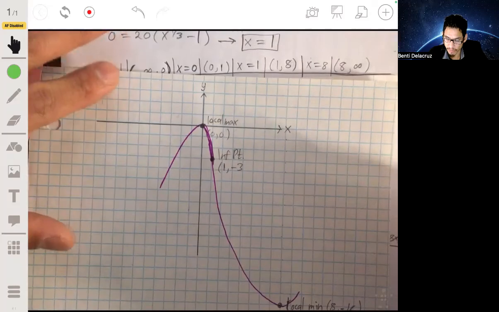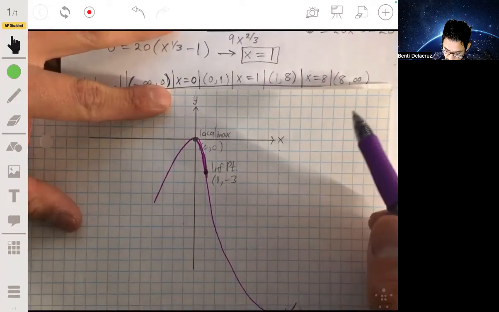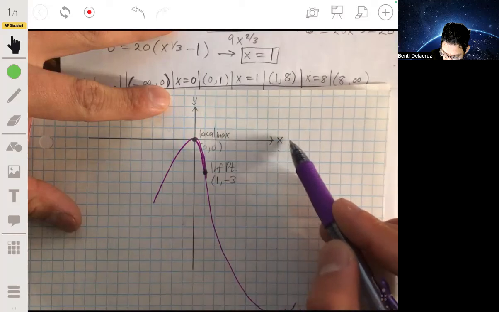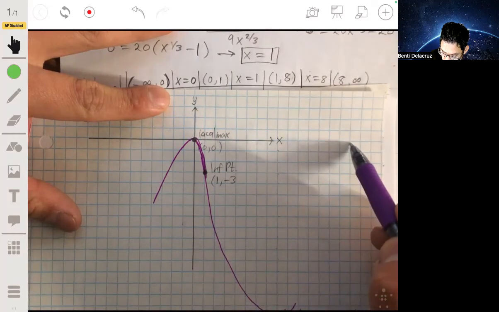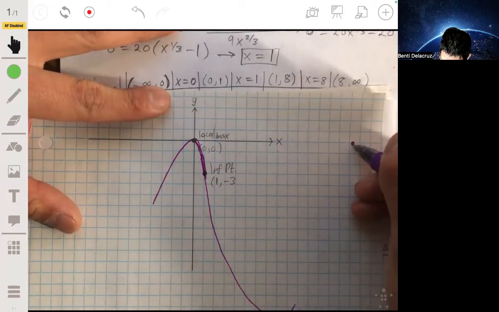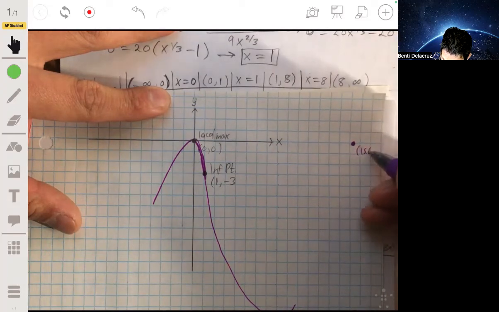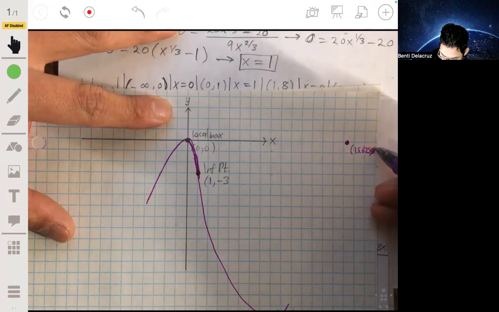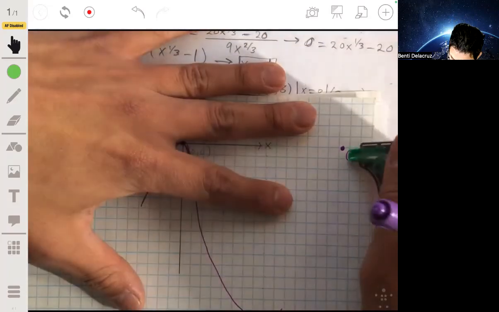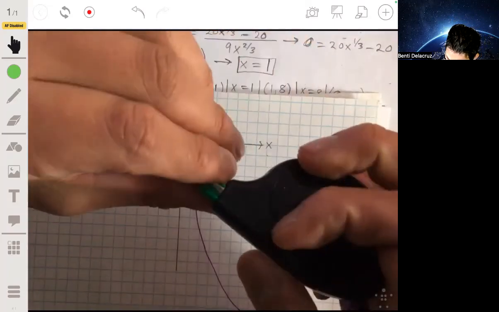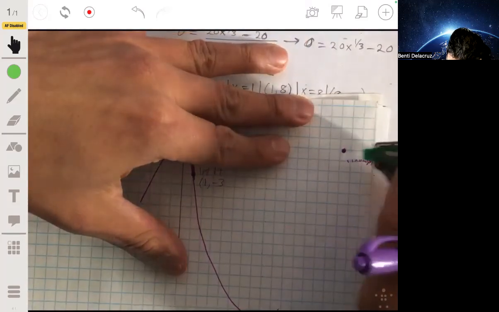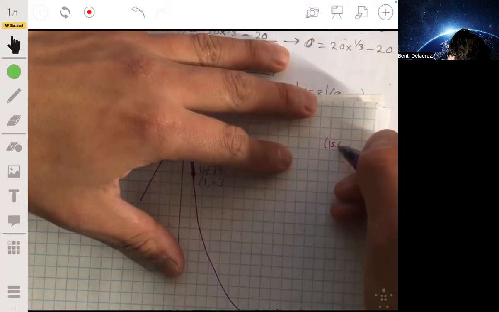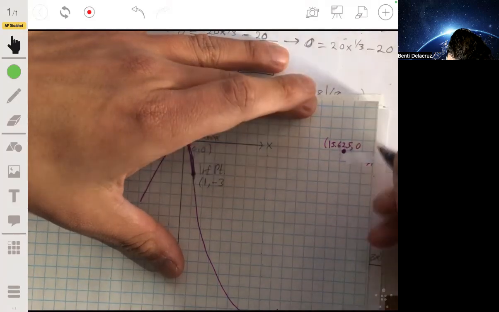And we have our other x-intercept at 15.625. So if that fits, 1, 2, 3. It does fit. 15.625, just barely. Let me write it more clearly. 15.625, 0.